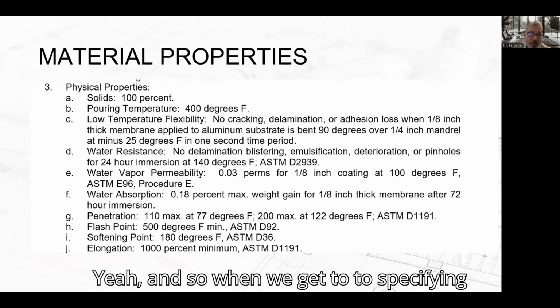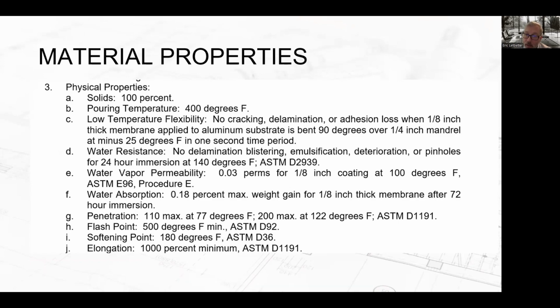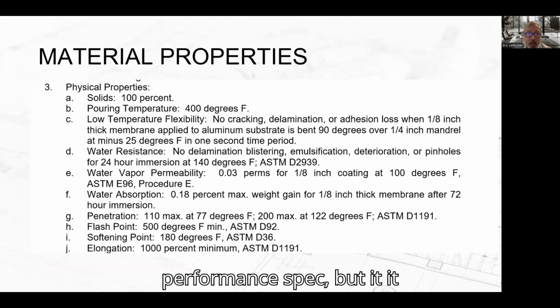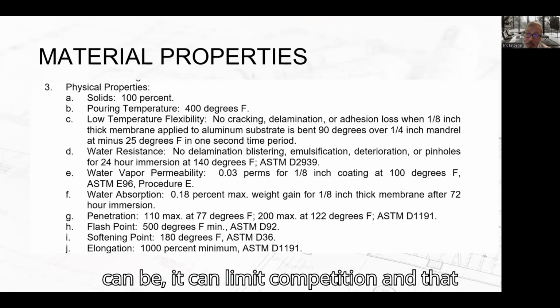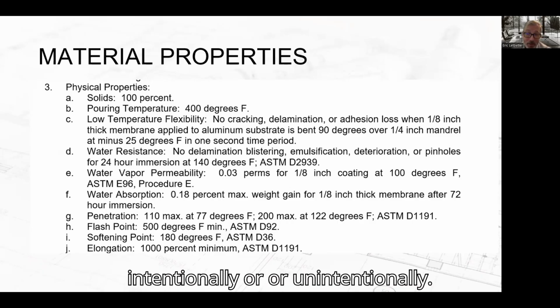Yeah, and so when we get to specifying by material properties, this can be used sort of as a performance spec, but it can limit competition, either intentionally or unintentionally.